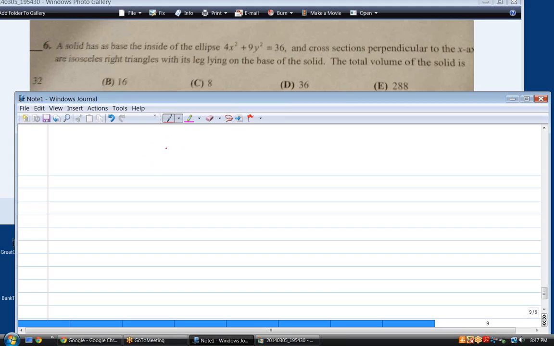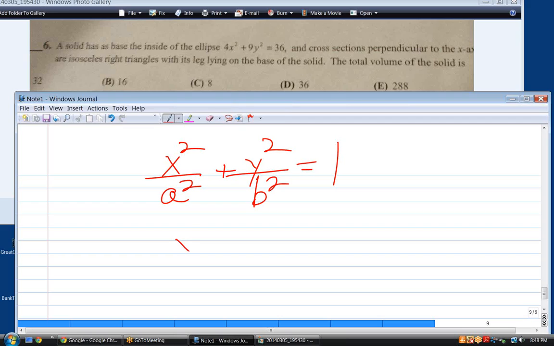Well, here's the general format of an ellipse. You probably should know it even if you don't. If it's at the origin, which this is, it's x squared over a squared plus y squared over b squared equals 1. Since I have this equal to 36, I have to divide both sides of the equation by 36, which gives me x squared over 9 plus y squared over 4 equals 1.